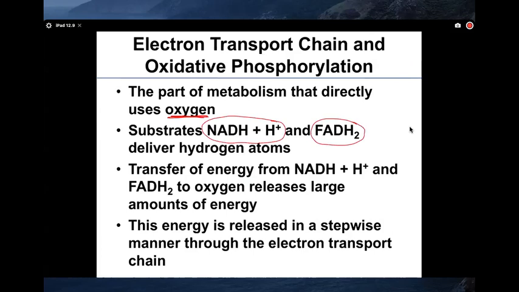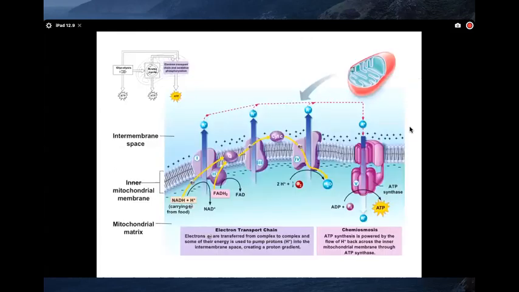The energy is going to be transported from the hydrogen to the oxygen, releasing large amounts of energy. And this energy is released in a stepwise manner through the electron transport chain.